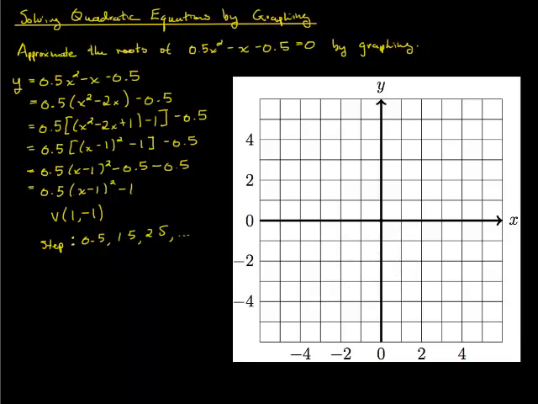So first we'll start by plotting the vertex. The vertex is located at 1 comma negative 1, which is right here. This point is 1 comma negative 1.